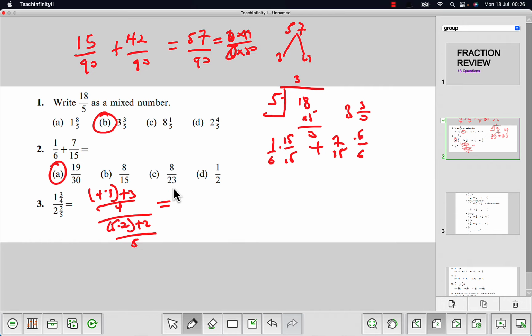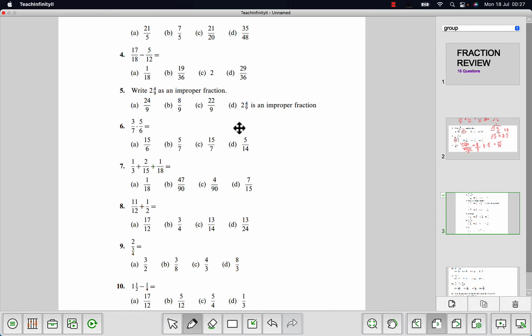So this should give you 7 over 4 divided by 12 over 5. So 7 over 4 times, we are reciprocating the second fraction. So this is 35 over 48. Yeah, so the answer should be here.